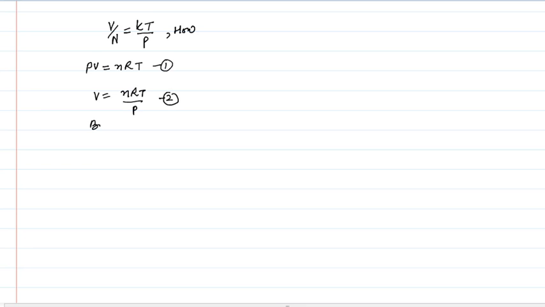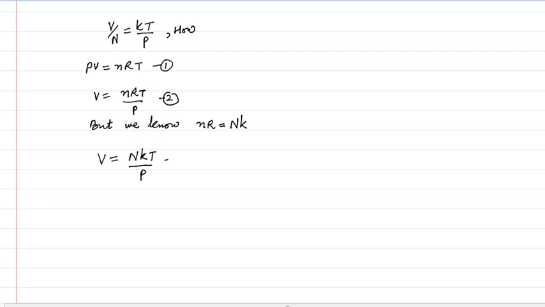But we know that this nR is basically equal to the total number of atoms or molecules into Boltzmann's constant. So if we introduce it in place of nR, we get this relation, NKT upon P.